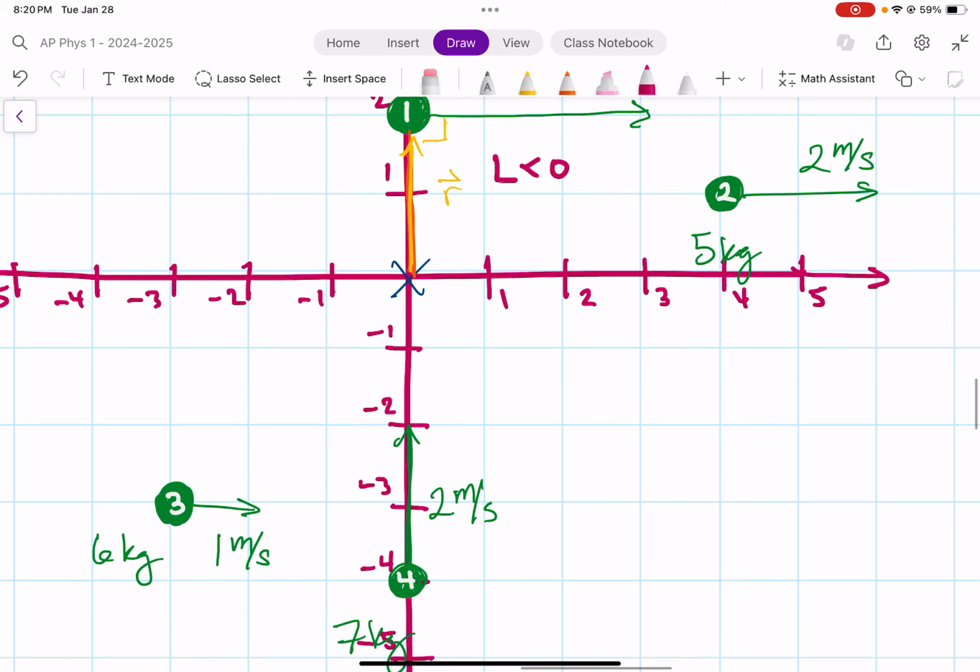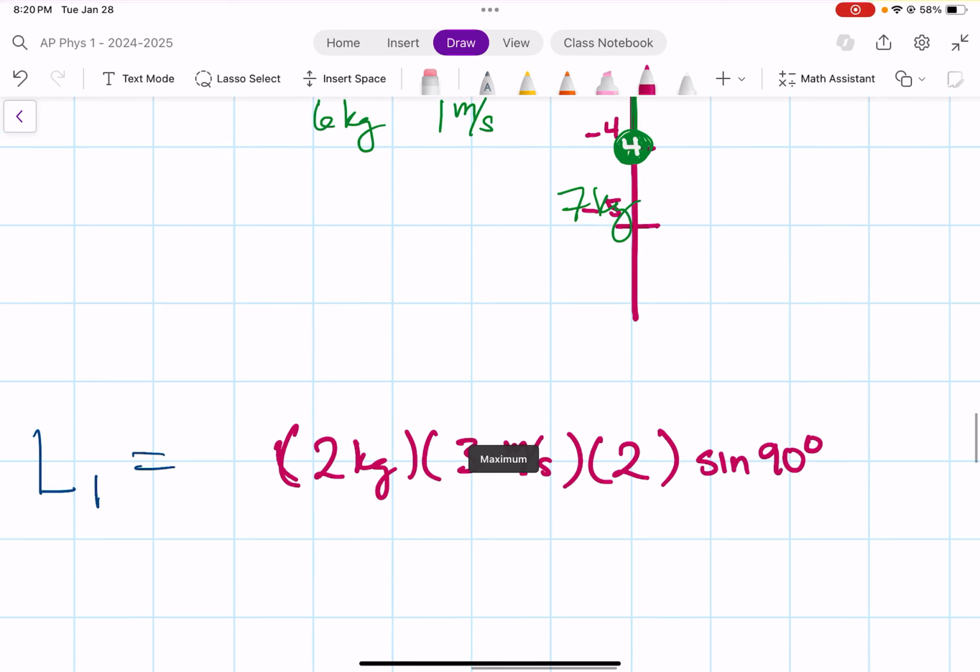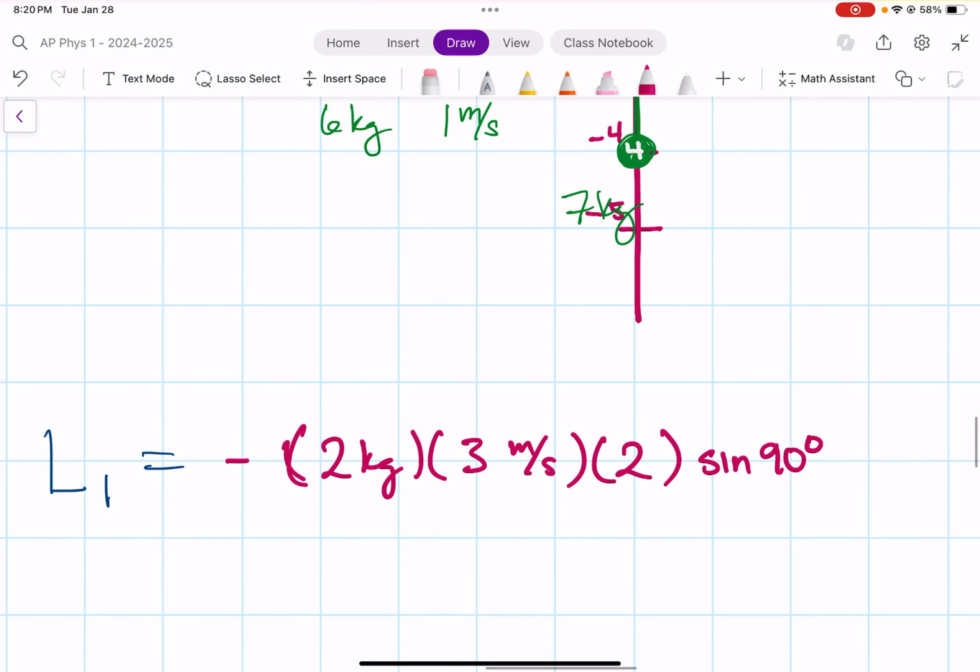So you should put a minus sign there if it's supposed to be negative, or a plus if it's positive. That's not necessarily in the formula, so you've got to make sure to put that there.